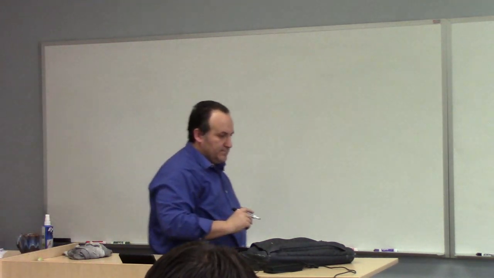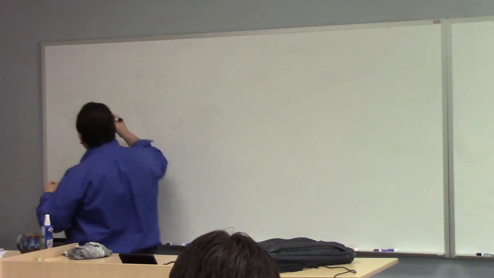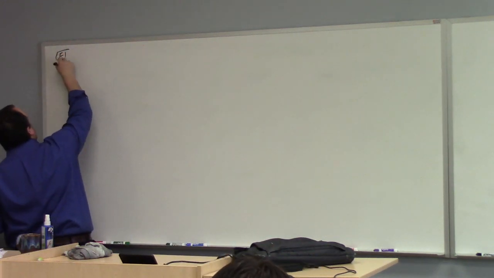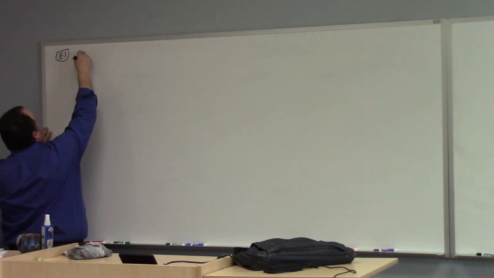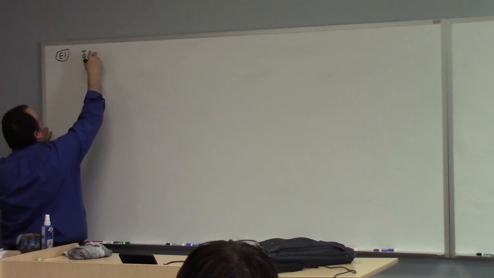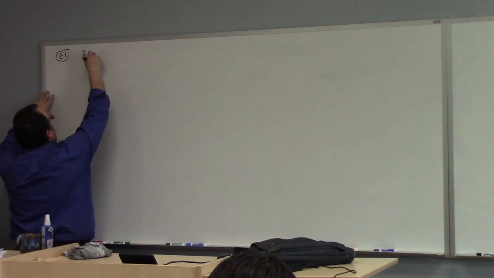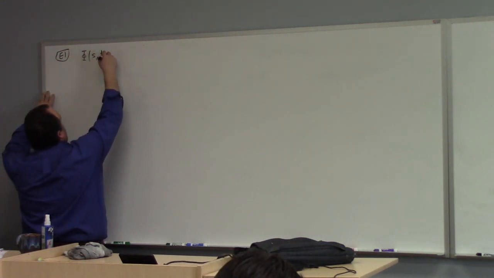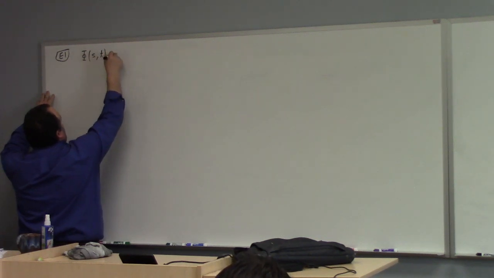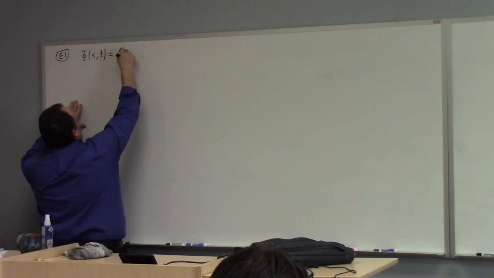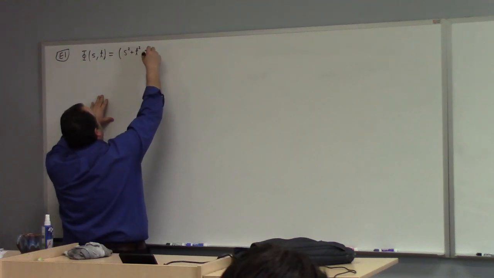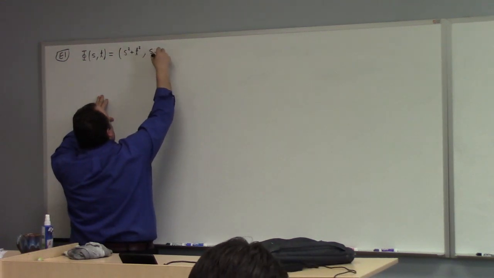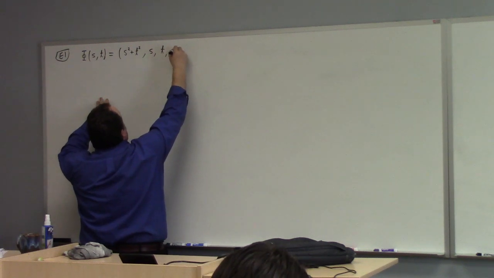I guess I'll make it up. So example 1, we could have, let's say, use whatever letter you want, I'll use capital Phi. Phi of (s, t) is equal to (s squared plus t squared, s, t, s t).